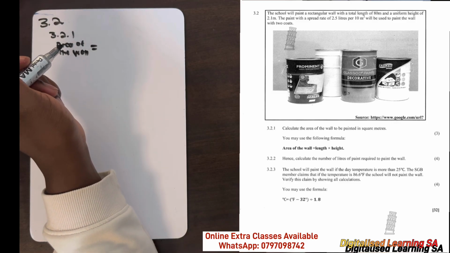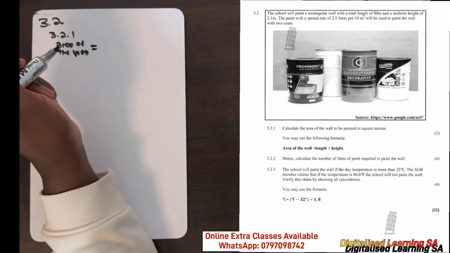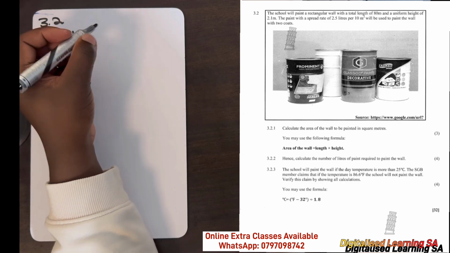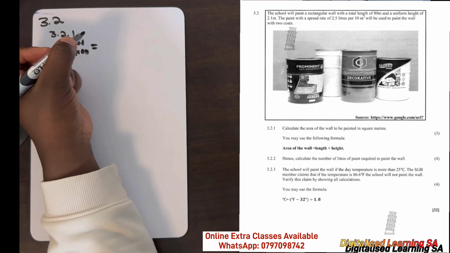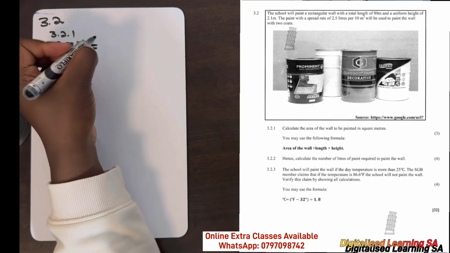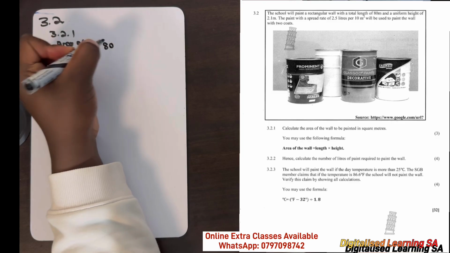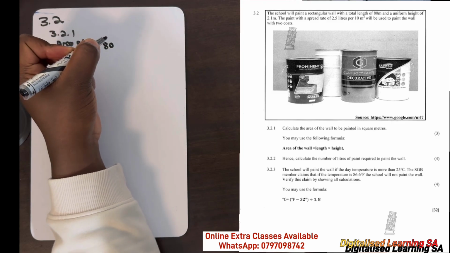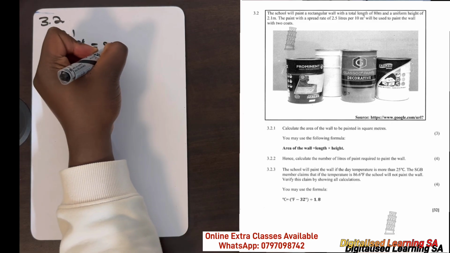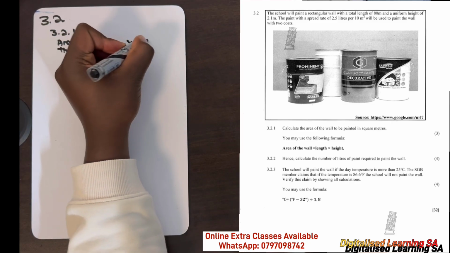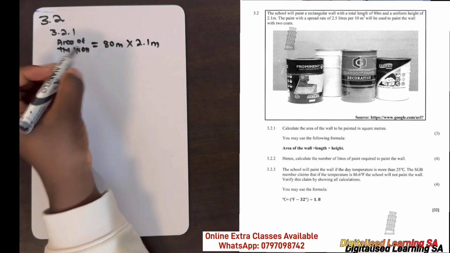So if we look at our scenario, we can see that our length was 80 meters and our height was 2.1 meters, meaning that in our formula we are going to replace length by 80. So our length is 80 meters and our height is 2.1 meters.